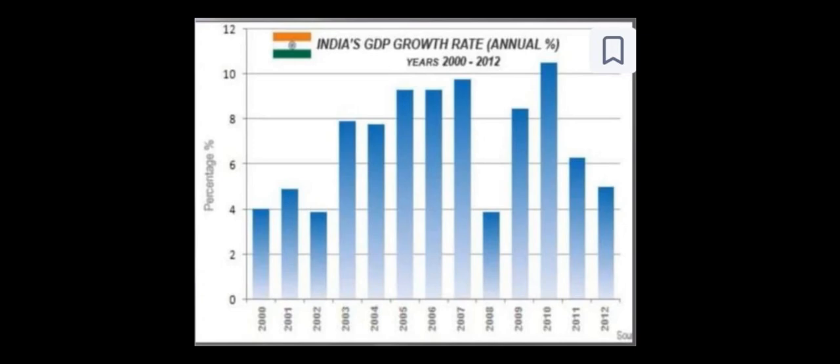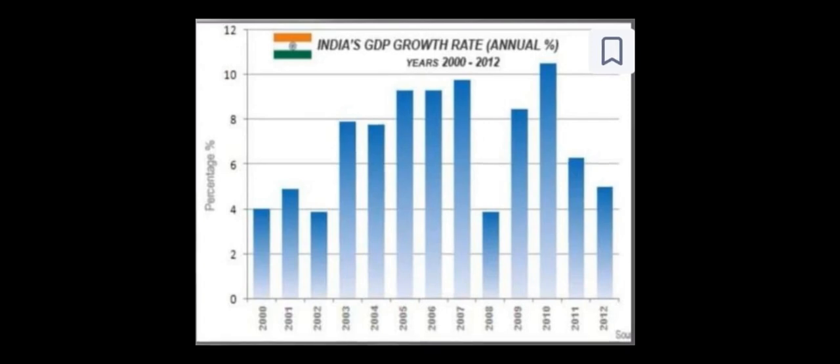This is India's annual GDP growth rate from 2000 to 2012. On the y-axis we see percentages, on the x-axis we see different years. Basically, our GDP mostly rose from 2003 to 2007.